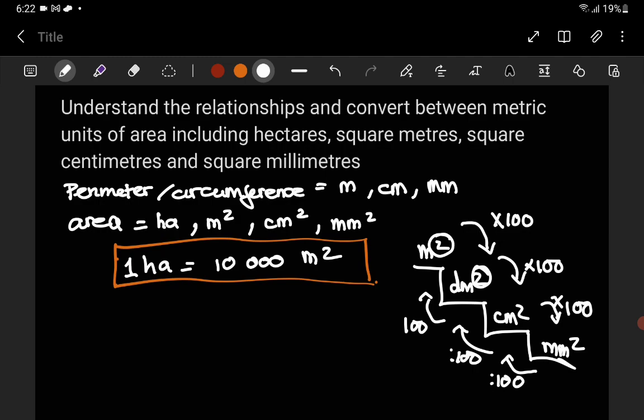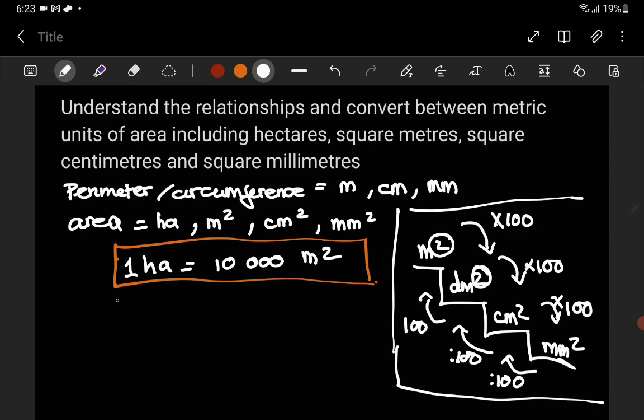It will be 10. Every time you go down one step, you multiply by 10, and every time you go up one step, you divide by 10. That's how to remember that. This diagram is the thing you need to remember in order to convert between metric units.